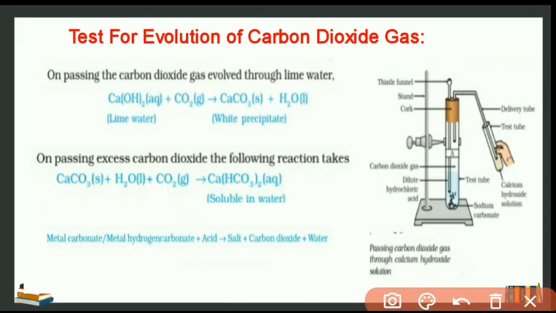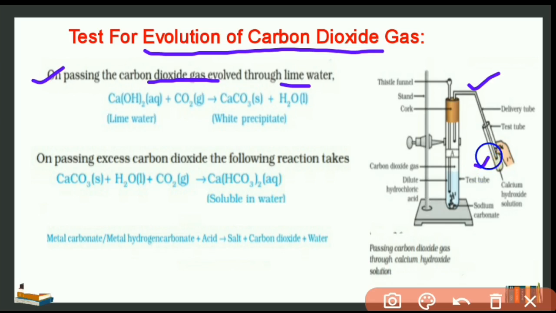Because carbon dioxide gas is invisible, by this activity we can detect which type of gas is evolved. On passing the carbon dioxide gas through lime water, by this delivery tube the formed gas passes into the lime water, and we observe that the lime water turns milky.